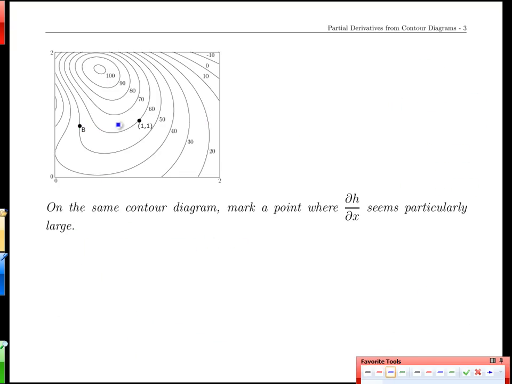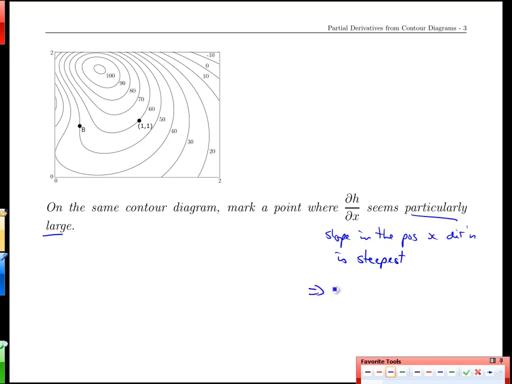Last but not least, we can ask when the slopes are steep, and here we're going to be very specific about the slope in the positive x direction. Again, an increase in x corresponds to this partial derivative here. So if we want to pick a point on the contour where the x derivative seems particularly large, that's one where the slope in the positive x direction is particularly steep, or steepest.